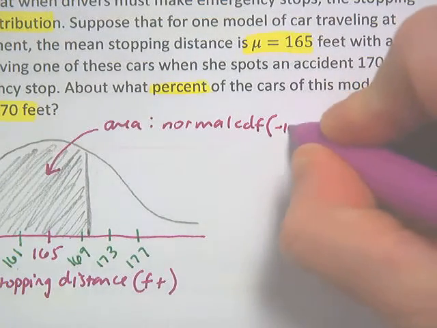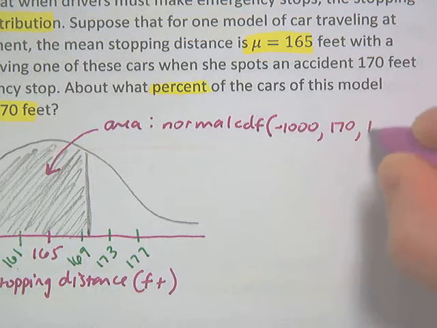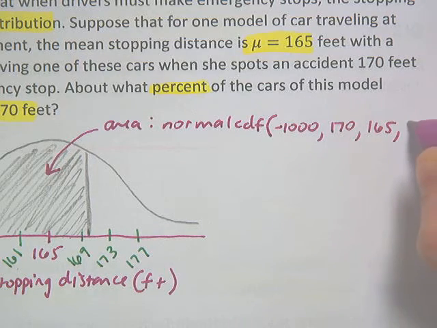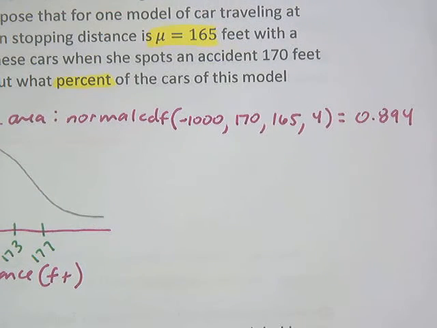Our lower boundary was negative 1,000, comma, our upper boundary was 170, comma, our mean and our standard deviation gave us 0.894. So if you're looking back in your notes, you'll be reminded, okay, we just grabbed our calculator and typed this stuff in.